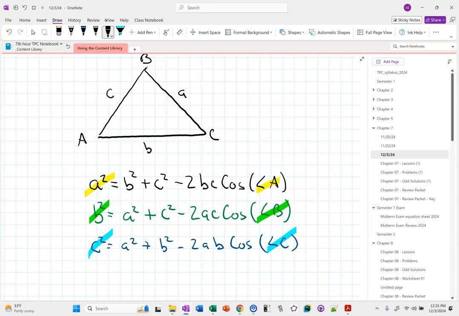Does it matter whether I wrote c squared plus a squared or a squared plus c squared? It means the same thing, right? If I did a times c or c times a, does it matter? Means the same thing, right? So it doesn't even matter really what you're calling these. You're picking side angle side, or the angle and the side opposite it, and then the other two sides fill in the other spots.